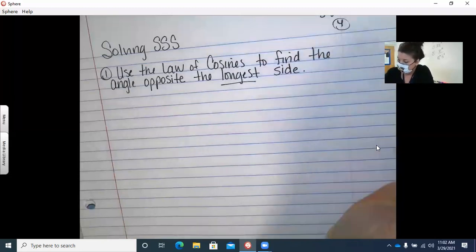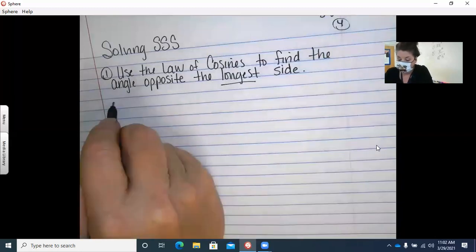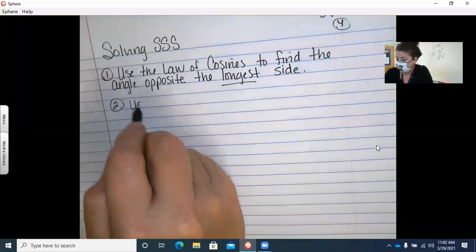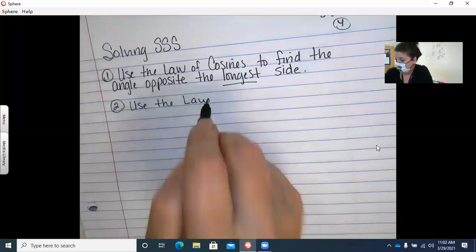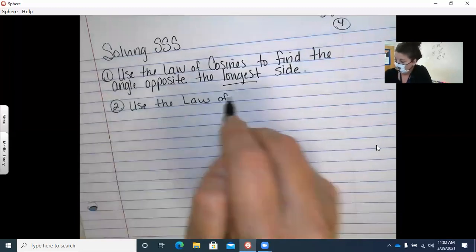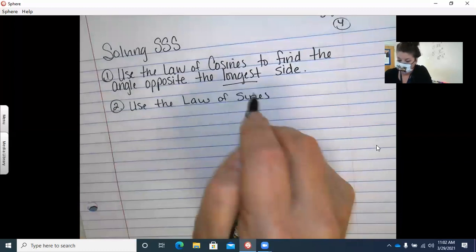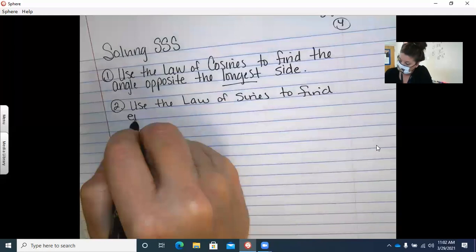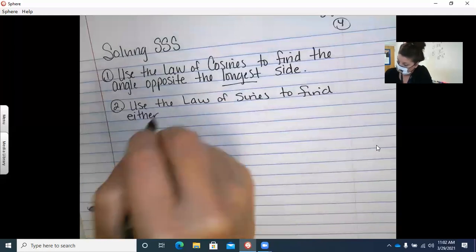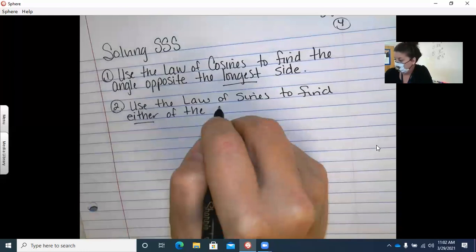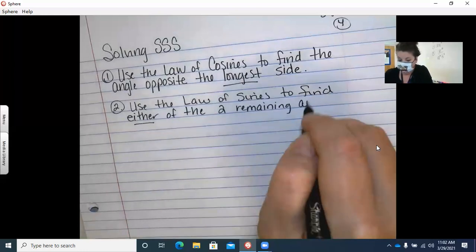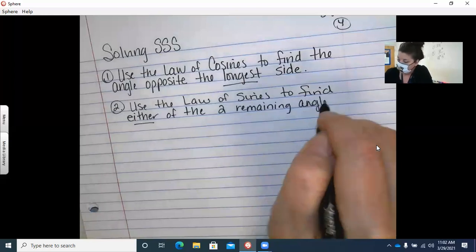Step 2, use the law of sines to find either of the two remaining angles. Step 3, find the third angle.